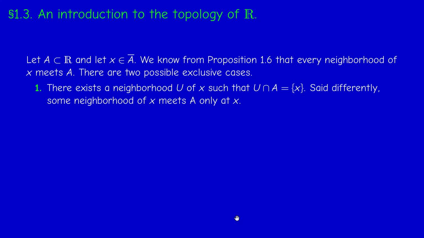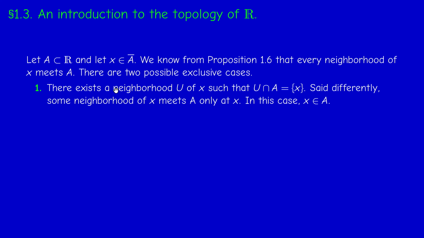What is the negation of this case, but assuming still that x is in A bar? Every neighborhood of x meets A. What is the negation? U intersect A is not equal to {x}, but it's not empty either. So what do we mean? We mean that U intersected with A without x is not empty. Just notice that in the first case, x is in A necessarily, because x is in the intersection.